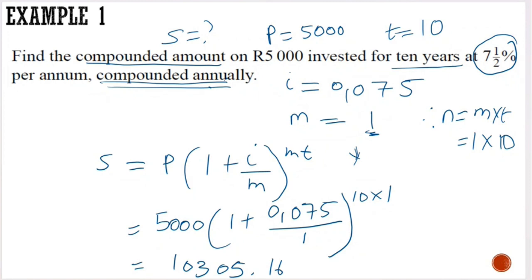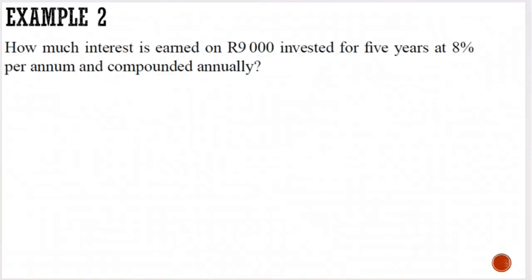Let us vary these examples and see when things are compounding in a different period. Okay, here is another example. How much interest is earned on 9,000 invested for 5 years at 8% per annum and compounded annually?